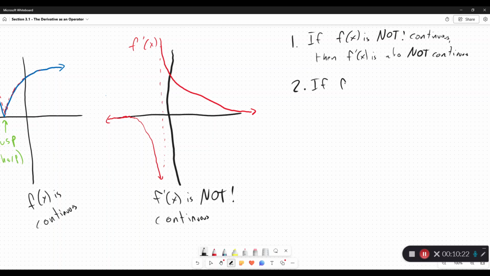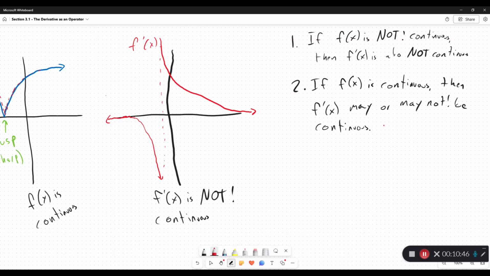If f of x is continuous, then f prime of x may or may not be continuous. And that's really, really interesting.